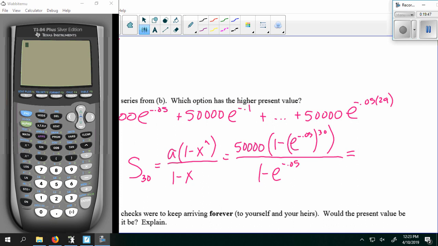I'm going to do e to the negative 0.05 first, then raise that to the 30th, and 1 minus that, and then times 50,000.